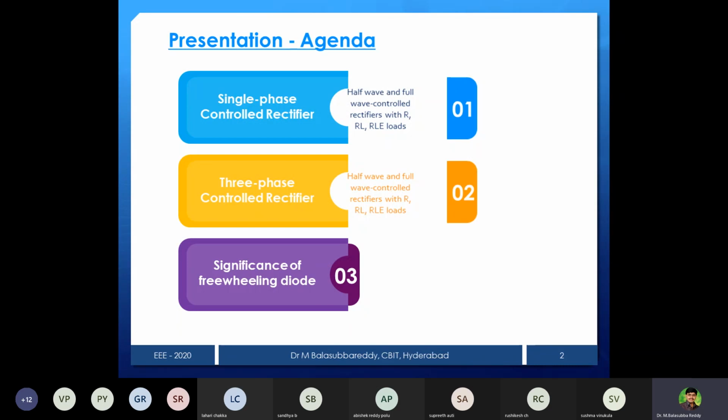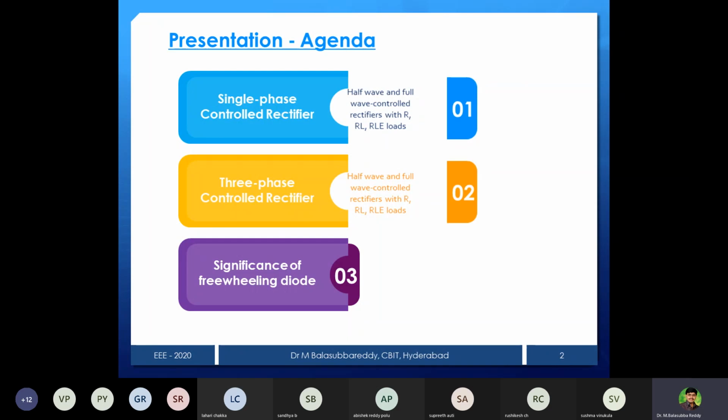In the three-phase control rectifiers, exactly the same, only the pulse numbers will change. Half wave and full wave, but the input is a three-phase supply. In the single phase case, single pulse converters and two pulse converters will be discussed, and in the three phase case, three pulse converters and six pulse converters.